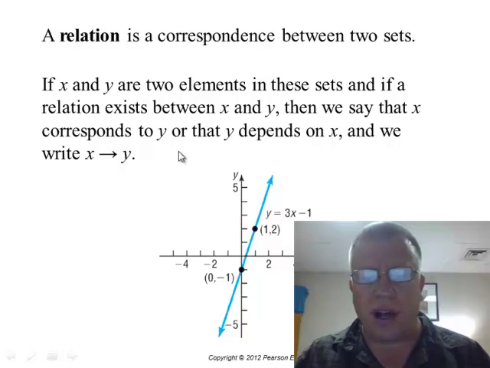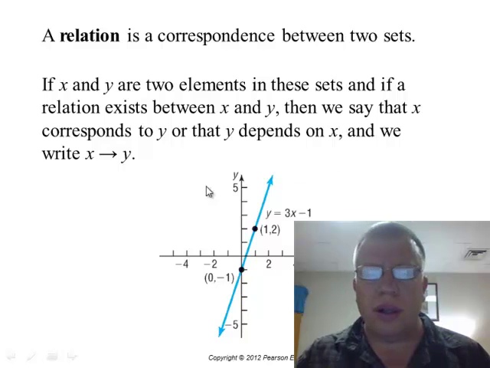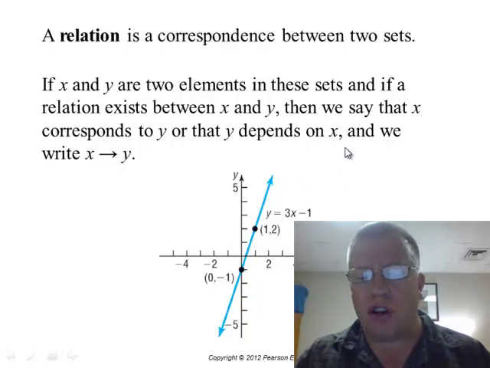Input a 0 for x and out comes a value of negative 1 for y. How come? Well, you plug in the 0 for x. 3 times 0 is 0, minus 1 is negative 1, etc. So this graph right here shows you the relation between x and y.